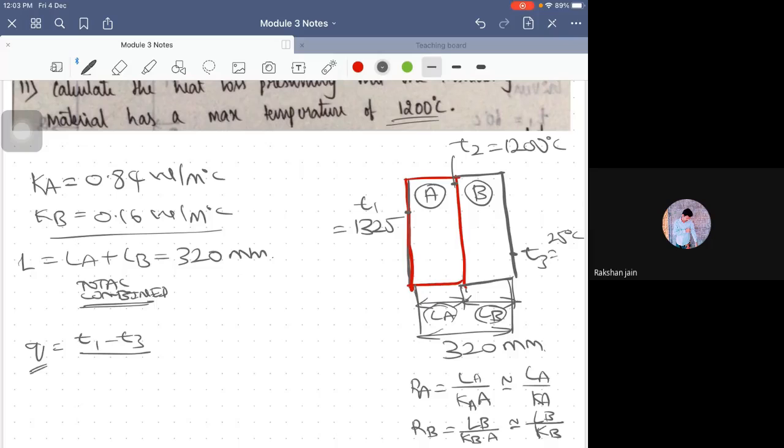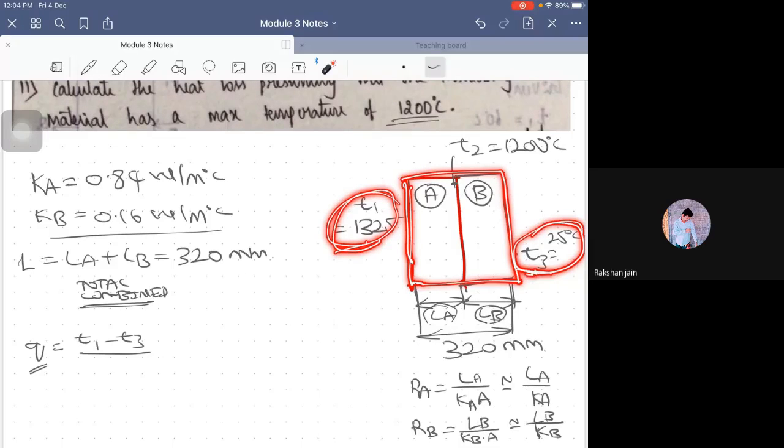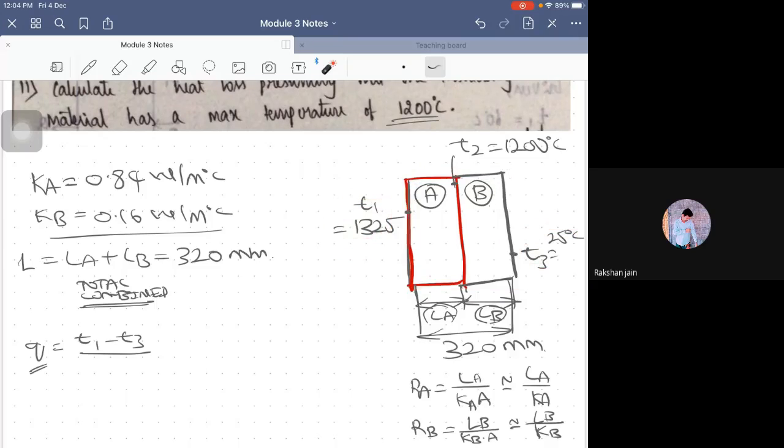Okay. Now, coming back to this particular thing here. I was calculating the heat flux for the entire block. That is the reason I have taken the temperature difference as T1 minus T3. Now, which resistance should I take, RA or RB? Here I have to put some thermal resistance.